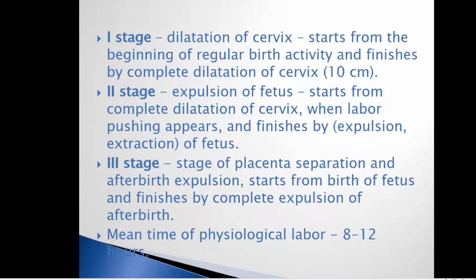The second stage is expulsion of the fetus, starts from complete dilatation of the cervix when the labor portion appears and finishes with expulsion or extraction of the fetus. The third stage of labor is the stage of placenta separation and afterbirth expulsion, starts from birth of the fetus and finishes with complete expulsion of the afterbirth.